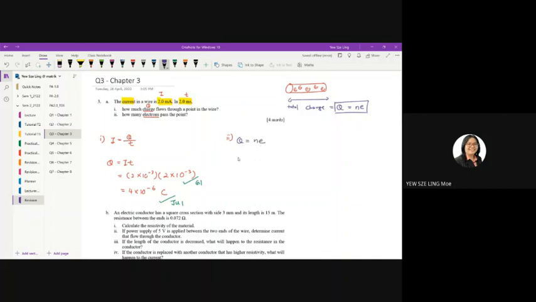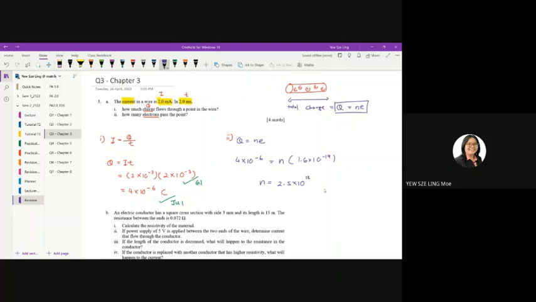Q we have 4 times 10 to the power of negative 6 equals N, the unknown value, times E. You can get E from the list of constants. It is known as the electron charge magnitude or elementary charge. So E is 1.6 times 10 to the power of negative 19. Rearrange the equation, you will then get 2.5 times 10 to the power of 13.